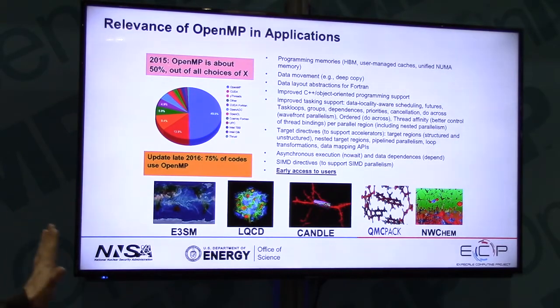We have several applications that have been looking at using OpenMP offload for accelerators: E3SM, LQCD, CANDLE, QMCPACK, and NWChem. And all of them have expressed their need to use OpenMP.